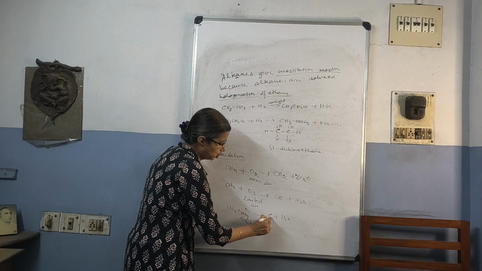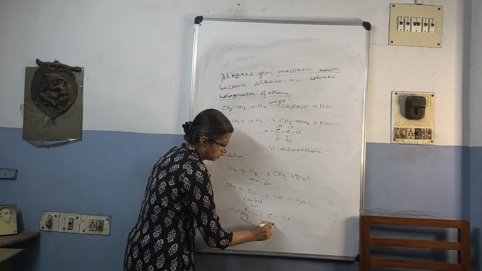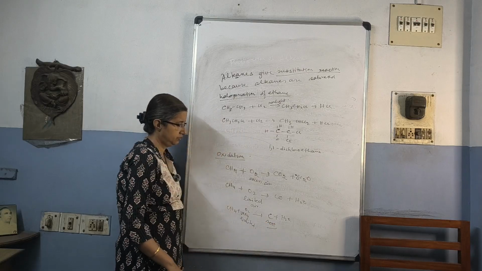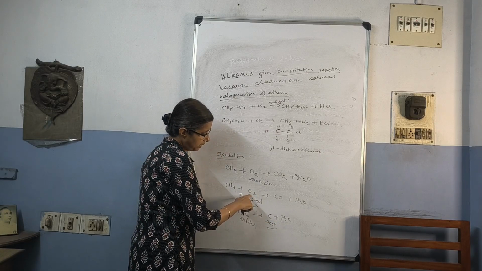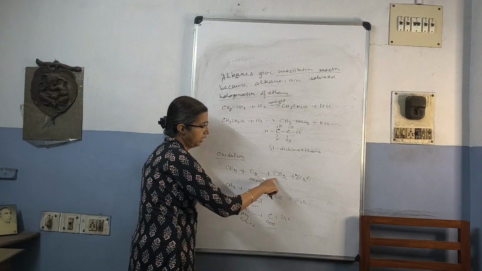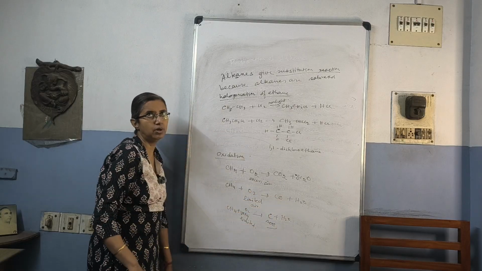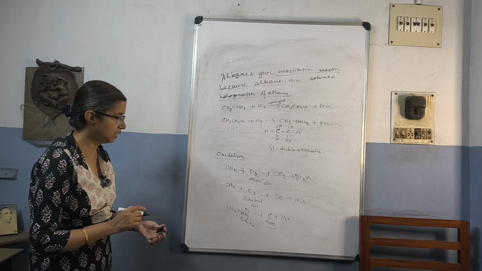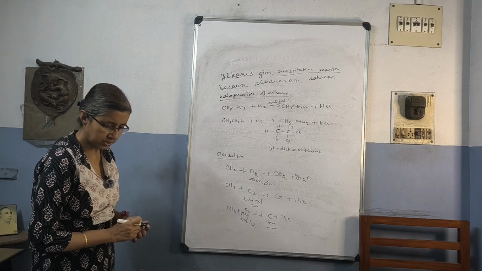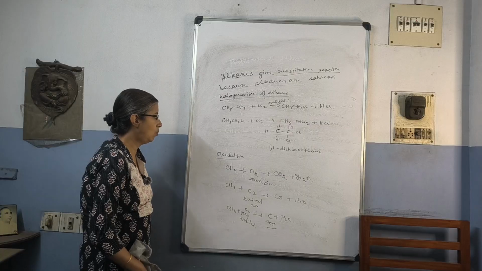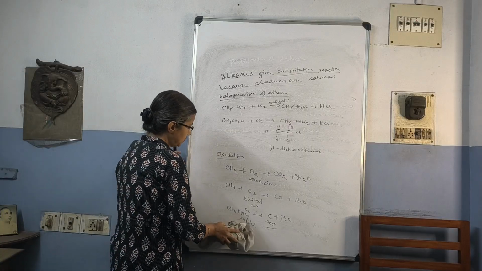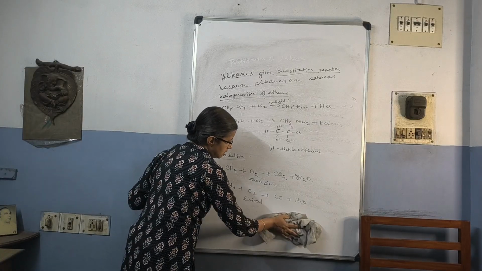This is called soot. So as we go on decreasing the percentage of oxygen, we get lower oxygen content compounds: carbon dioxide, carbon monoxide, carbon. Next we will move on to catalytic oxidation of alkanes.